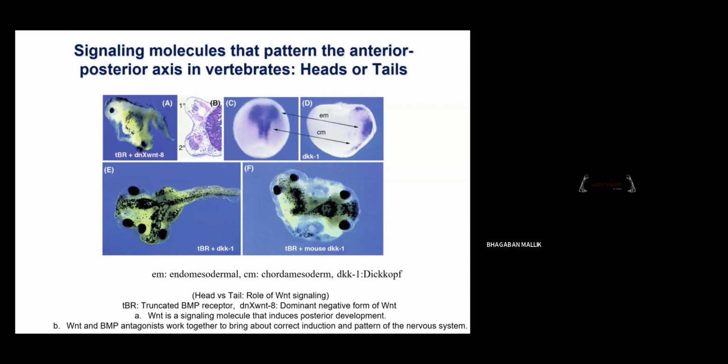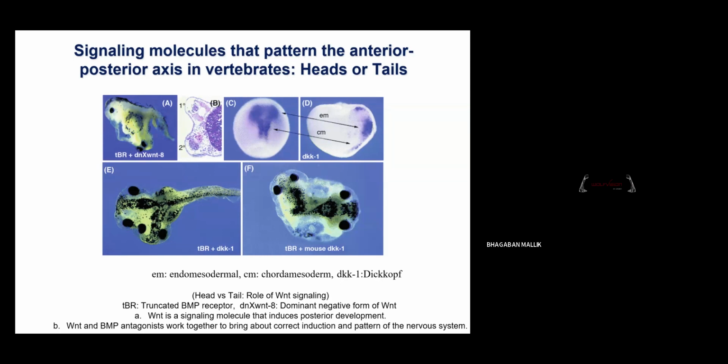you can see that Wnt actually defines the posterior polarity. So when they inject in the frog embryo, you can see that you have ectopic expression of head, because the activated form of the Wnt or the BMP molecule defines the posterior development.